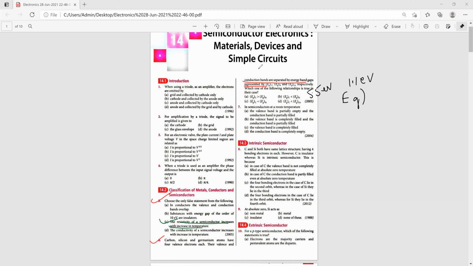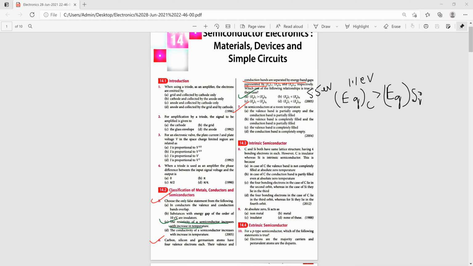Seventh one, in a semiconductor at room temperature, 4 options they have given. Valency band is partially empty and conduction band is partially filled. Second one, valency band is completely filled and conduction band is partially filled. Third one, valency band is completely filled. Fourth one, conduction band is completely empty.